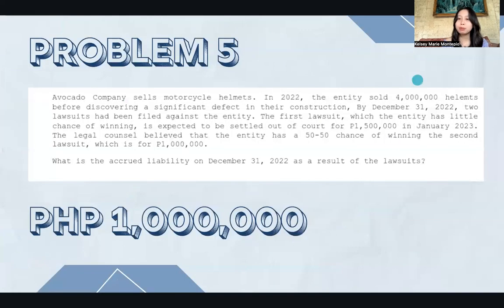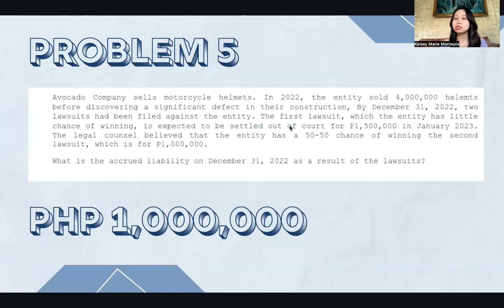In the next problem, problem number 5, Avocado Company sells motorcycle helmets. In 2022, the entity sold 4 million helmets before discovering a significant defect in their construction. By December 31, 2022, 2 lawsuits had been filed against the entity.